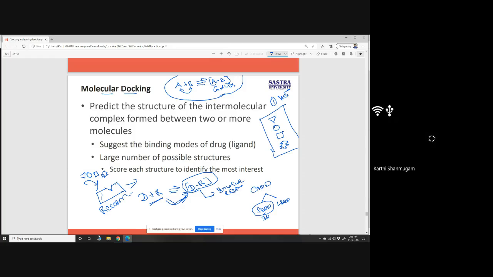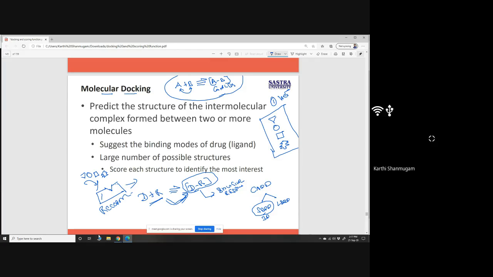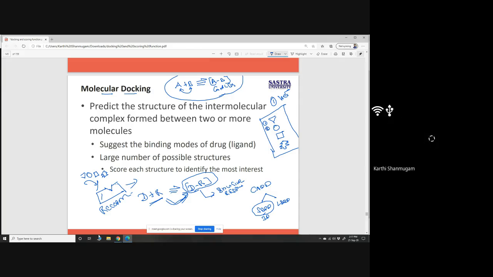For which molecule will I get the result? Say you are looking for an inhibitor for this receptor. Which of the 4 molecules do you think can inhibit this receptor? First one. Okay, if I number them 1, 2, 3, 4, I don't know who said it, but the answer is right.